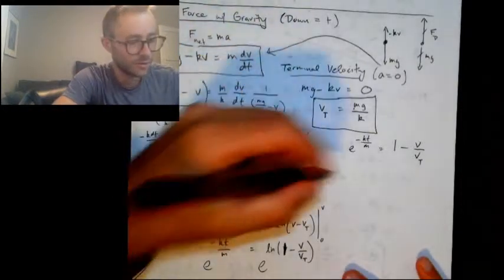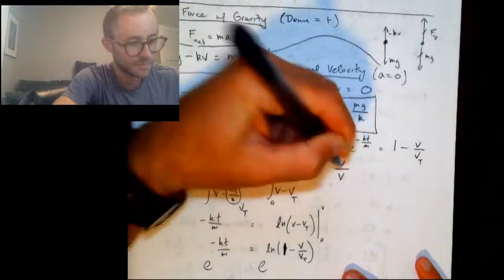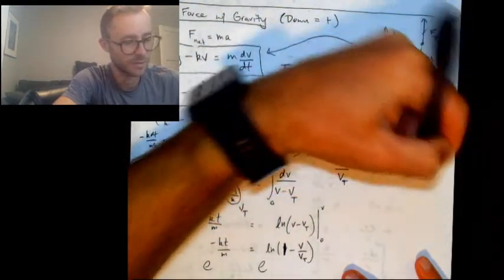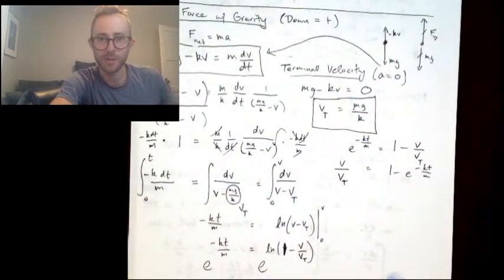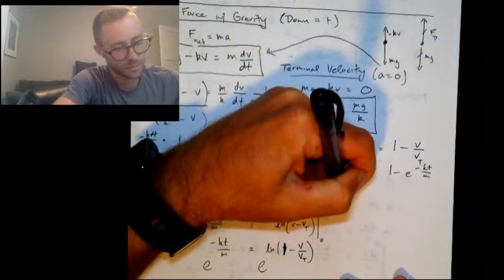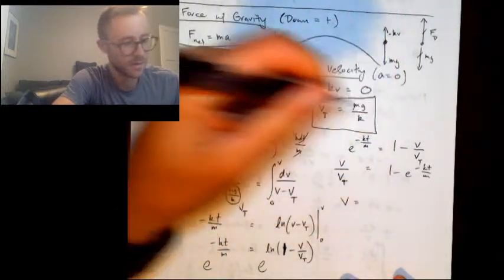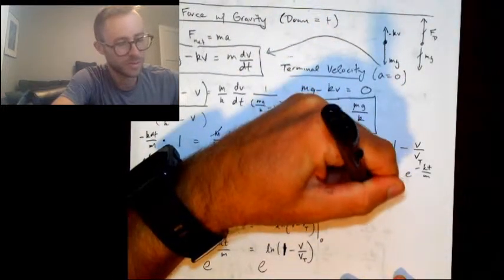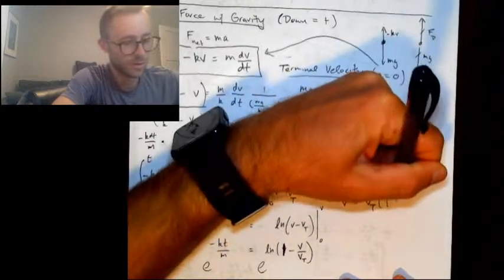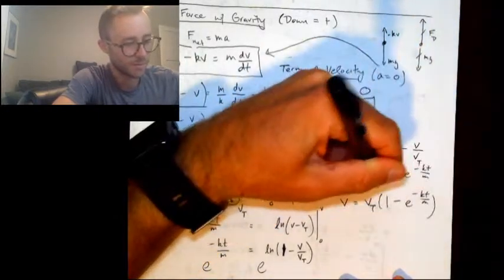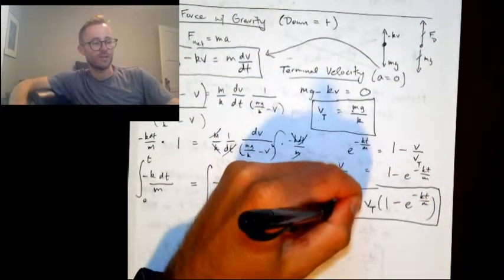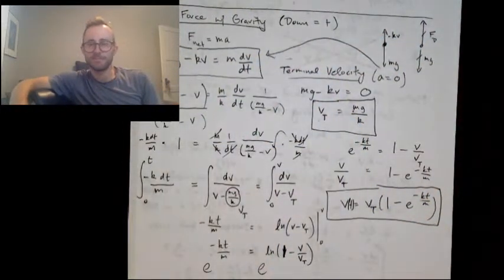So what I'm going to do is add this term to the other side, subtract the exponential term, and then multiply both sides by v sub t, the terminal velocity. So we have v sub t times the quantity 1 minus e to the minus kt over m. Boom! There you have it. That is the velocity as a function of time.